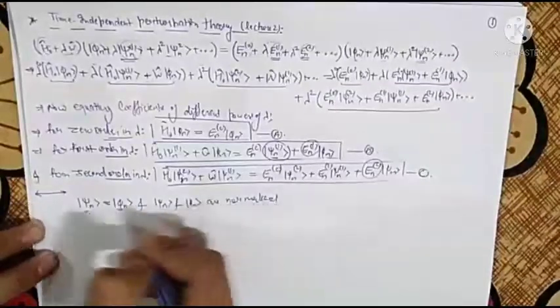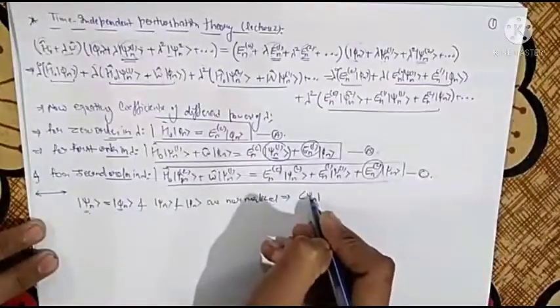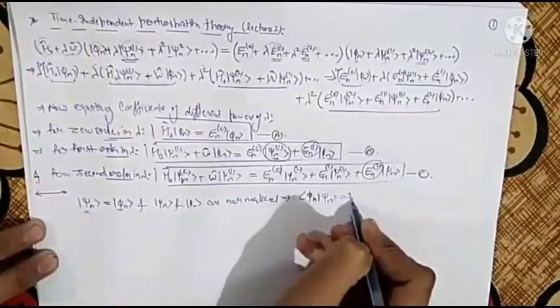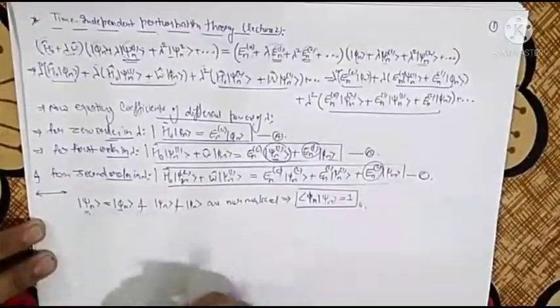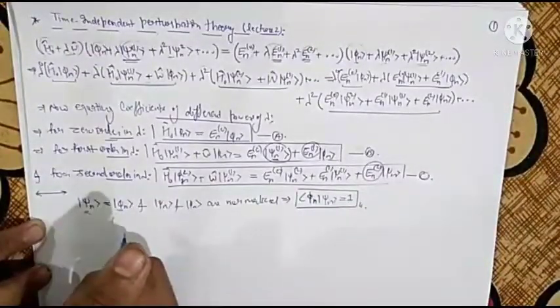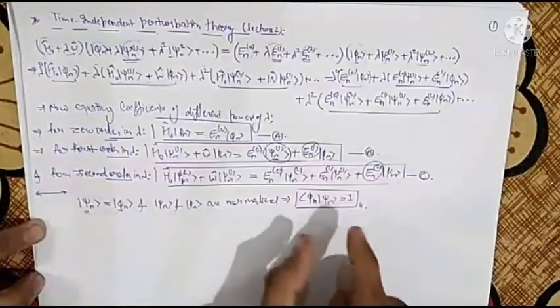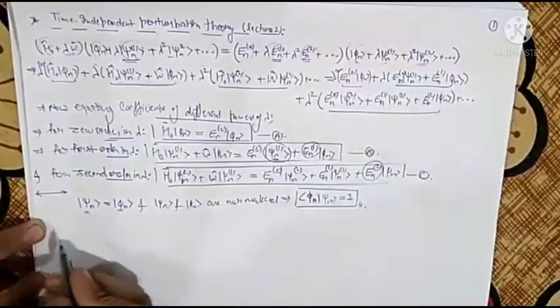So if they are normalized, we know that the dot product of these two states has to be 1, right? So that is the condition for normalized states. So the dot product of these two states has to be 1, right?